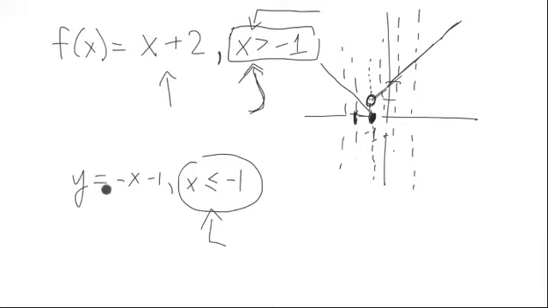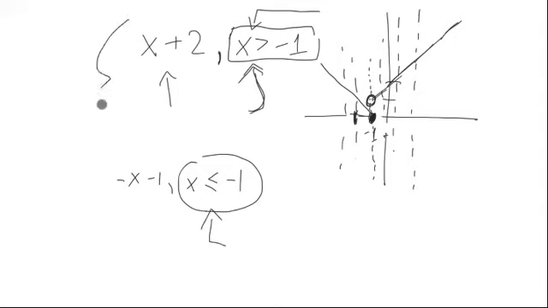Since this makes one function, let's emphasize that. Instead of writing this, where we have two functions written like this, y equals and y equals, let's just make one y equals. So we put these together and we write something like this.